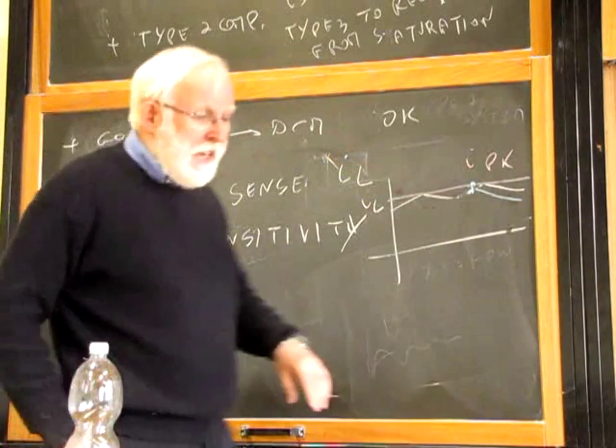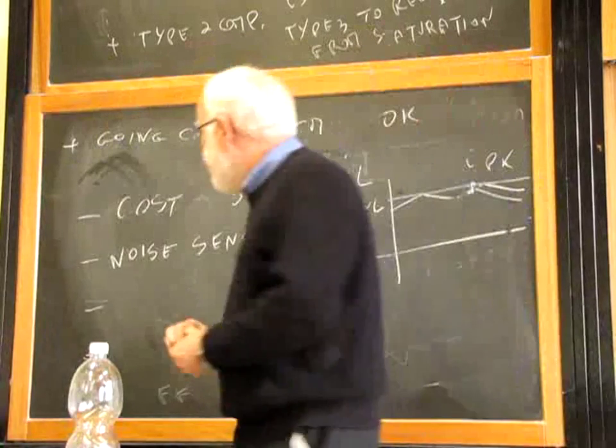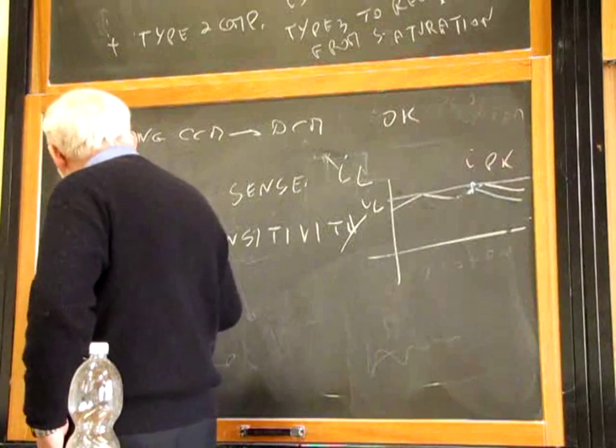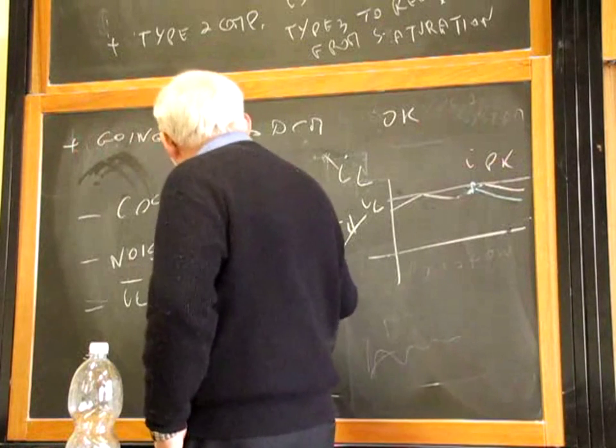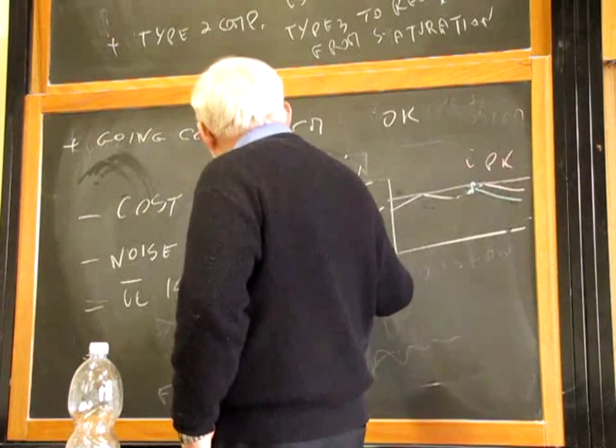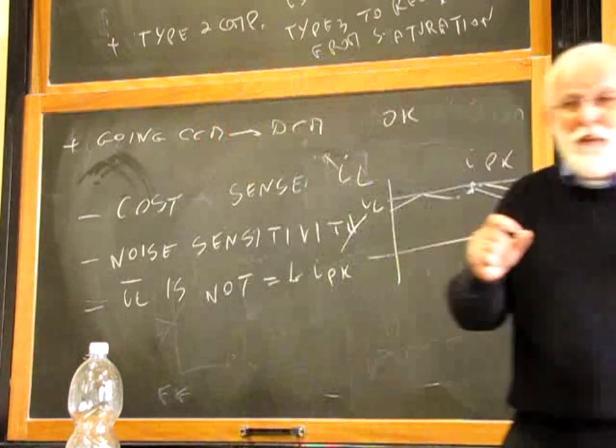And then there are 2 extra disadvantages, and one is that IL average is not equal to IP. There is a difference, there is an error.